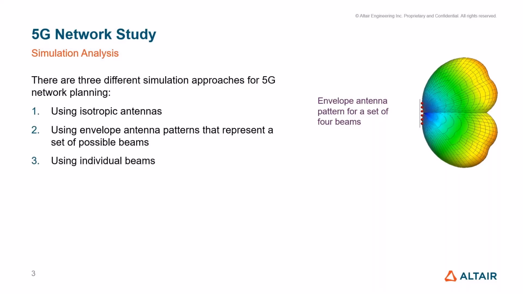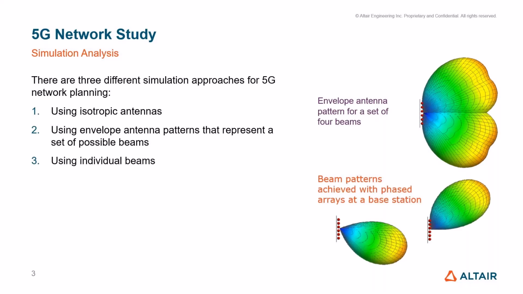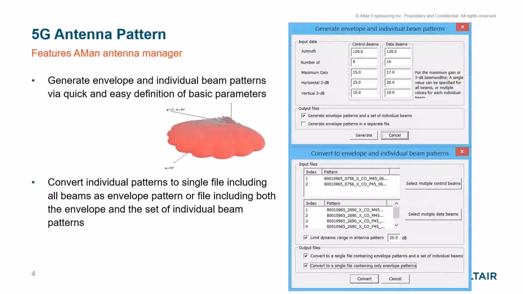And the final possible approach is to simulate with individual beams. This requires knowing exactly where the mobile station is, and it is usually combined with Monte Carlo analysis. It is important to note that you are able to generate these envelope patterns and individual patterns using the antenna manager tool within WinProp, and it allows you to specify the antenna pattern properties, specifically the control beams and the data beams, in different areas of the tool.